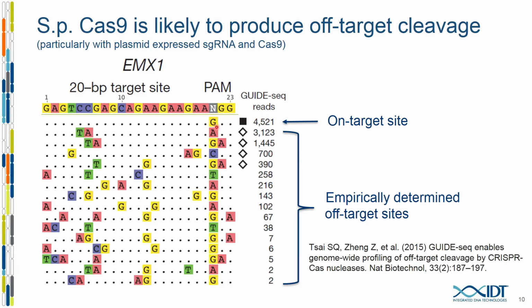And they see, of course, that this on-target site, the intended edited site for EMX1, is the most frequently edited site, but they also find all of these other off-target sites, some of which have a relatively high frequency of editing. And you can see, as expected, these are very similar to the intended on-target site with a few changes.